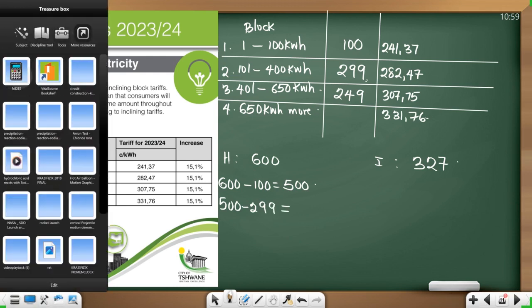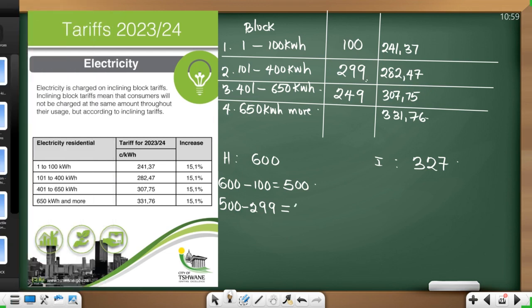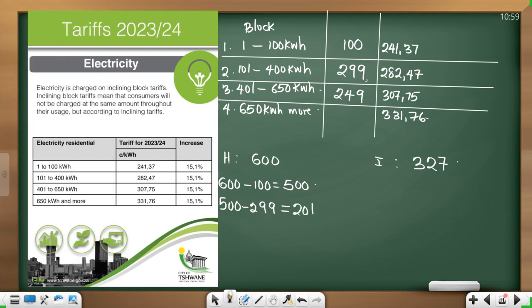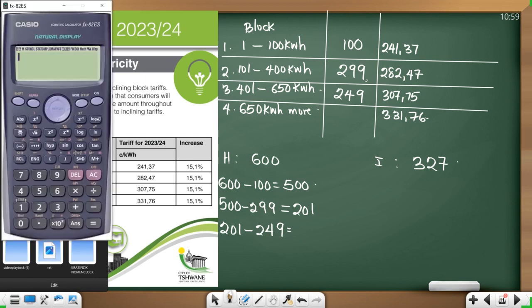We've done this before, but I want to show you a different one using what I'm doing right now. 500 minus 299 is 201. All right, then I say 201 minus 249. Let's see. Do you see I'm getting a negative?